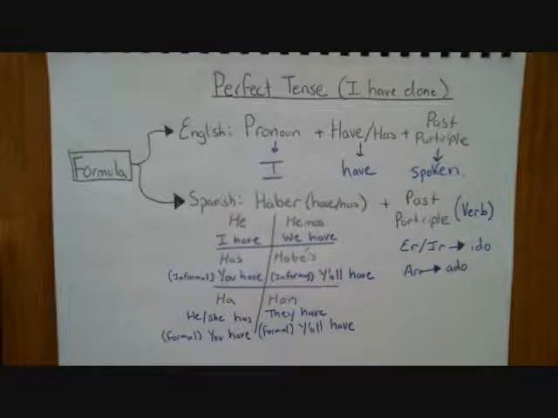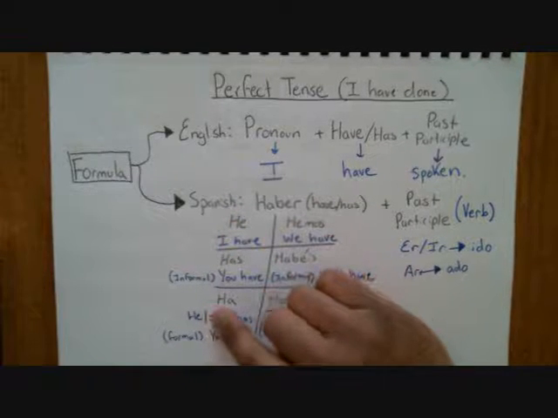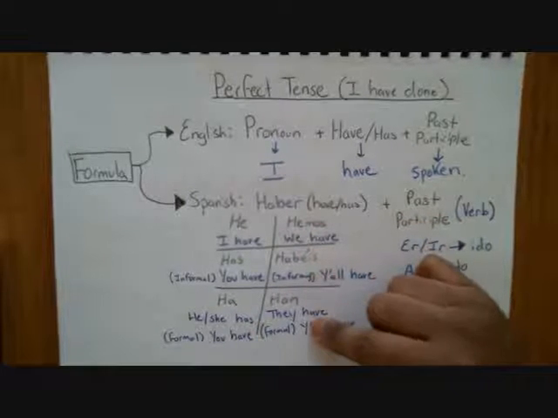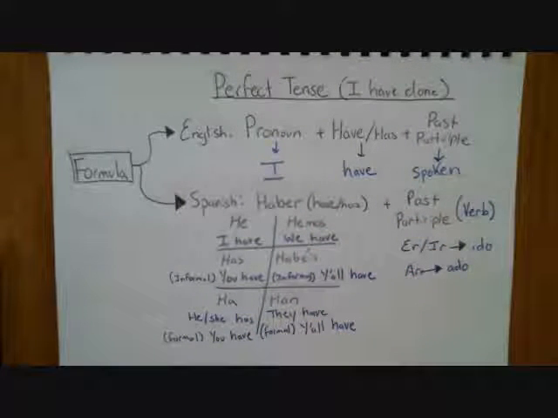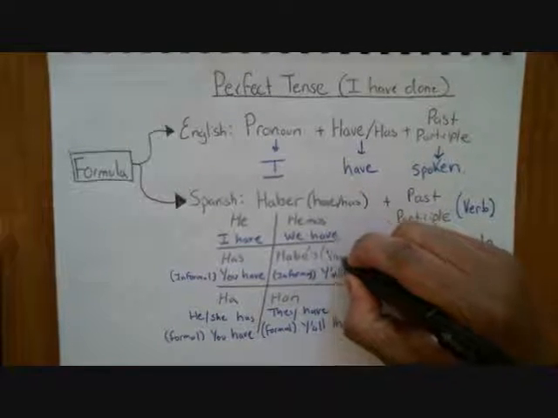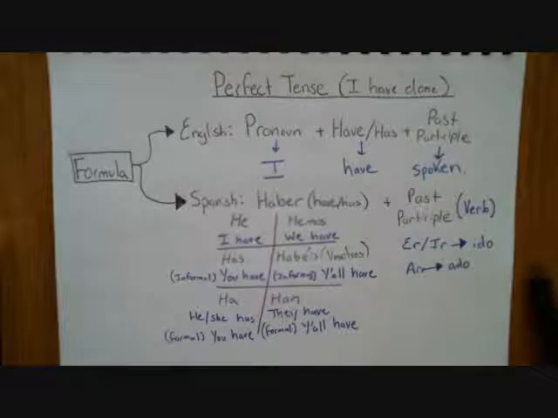And you conjugate haber in the present tense based on who has done the thing. Now, of course, you should already be familiar with the 6 box, the yo, tú, él, ella, usted, nosotros, vosotros, ellos, ellas, and ustedes. Now, just another note, just to make sure you know that this form here is vosotros. It's spelled just like nosotros, only put a V in the front.